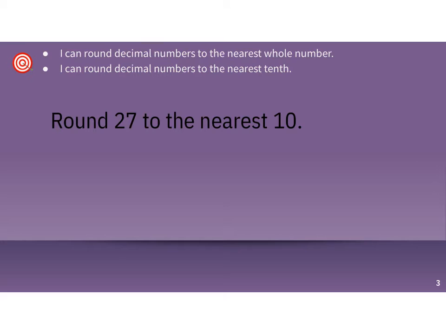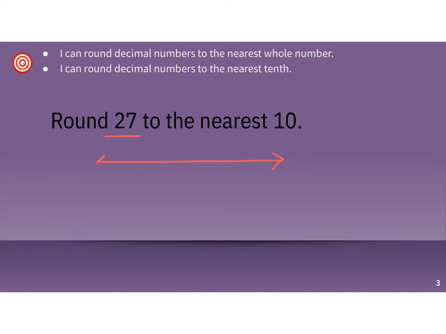As a review, this is not a decimal number, this is a whole number. We have rounded whole numbers earlier this year. So if the directions are to round 27 to the nearest 10, there were a couple of ways that we talked about this. One, the first way is to think about what 27 is between, like on a number line.